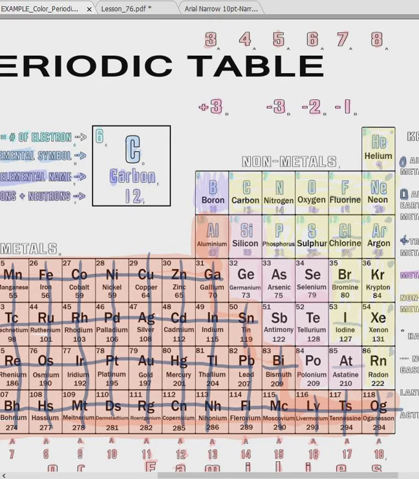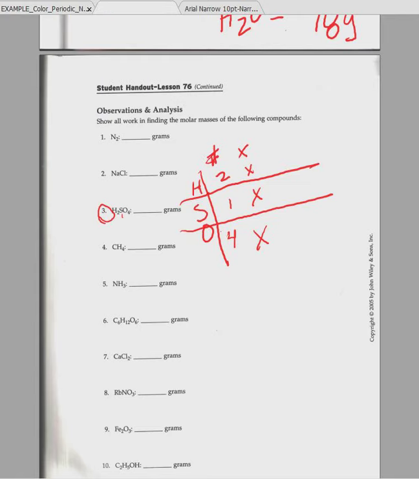Sulfur is below oxygen, so 32. So the atomic mass of hydrogen would be 1, sulfur would be 32, oxygen would be 16.